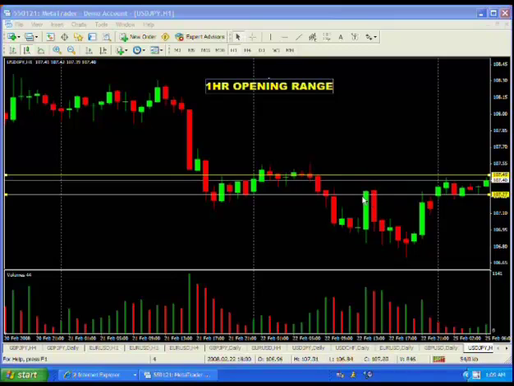Now if you're in the trade and price pulls back here and closes above the opening range, then it's time to get out. If you're in a trade and a bar closes within the range, that means it's time to get out.